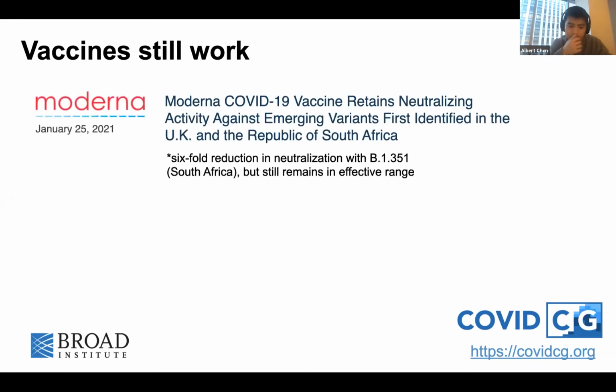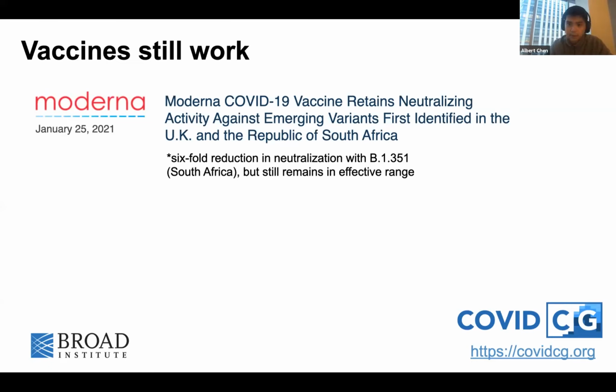Moderna did an internal study in the lab, so not on humans, which showed that the neutralizing activity of their vaccine went down about 6 times when tested against the South African variant. Again, this is in a lab setting, so not totally translatable to the real world.